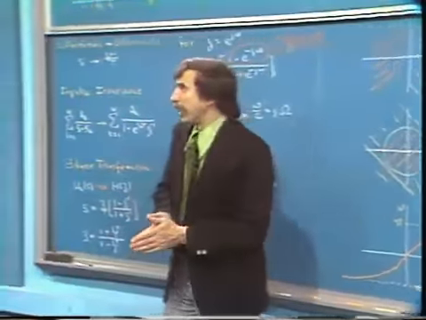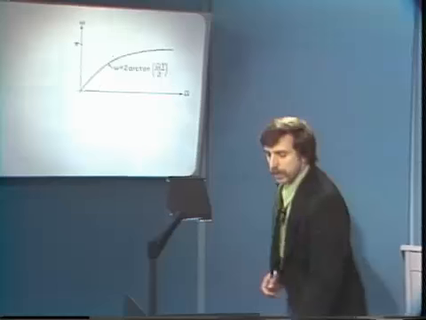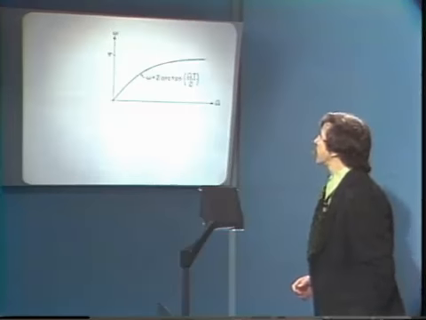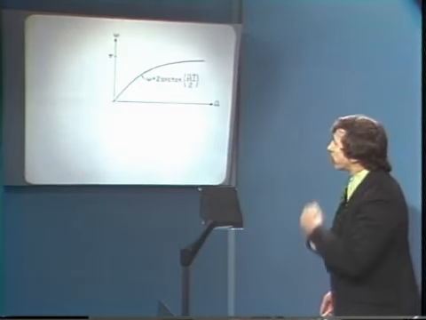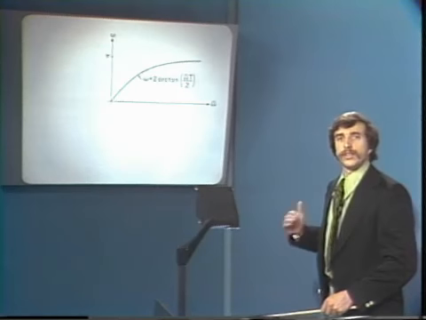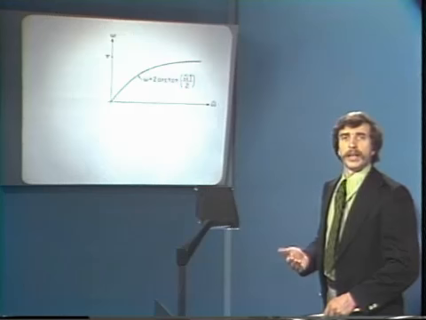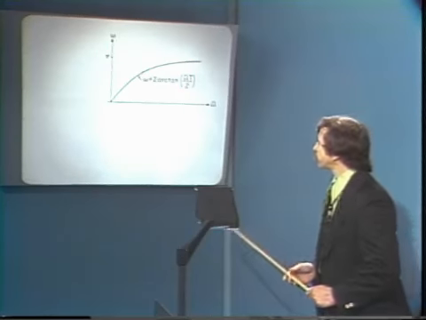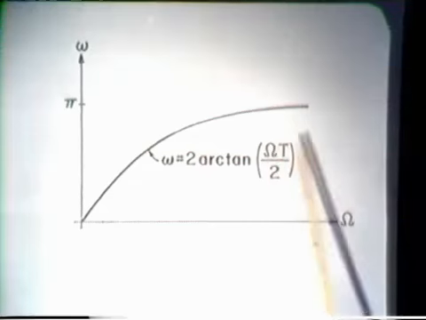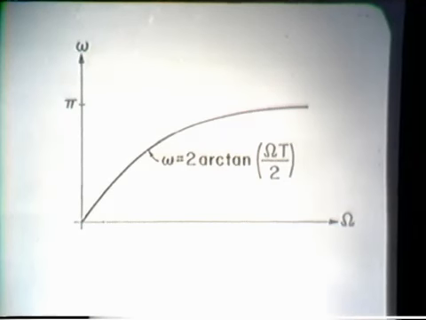Let's take a look at it in a little more detail. And in addition to pointing out some of the problems that that raises, this offers us an opportunity to indicate how, in fact, this distortion can be taken into account in implementing a digital filter design. So here is the frequency mapping of the bilinear transformation.